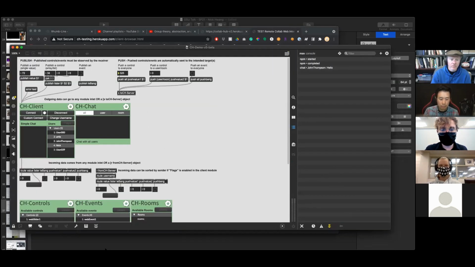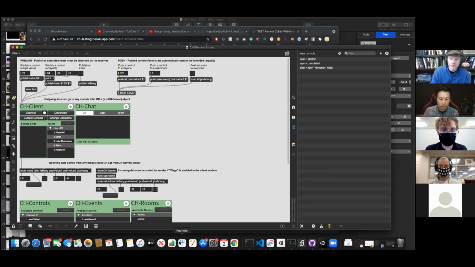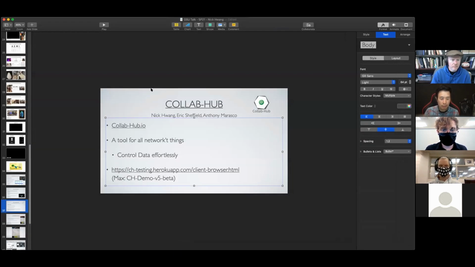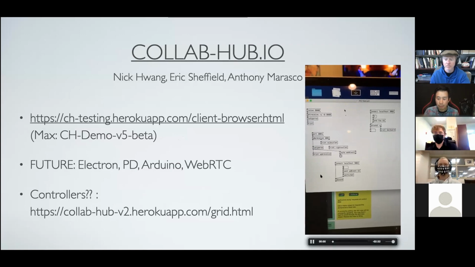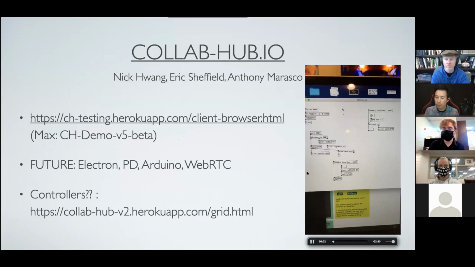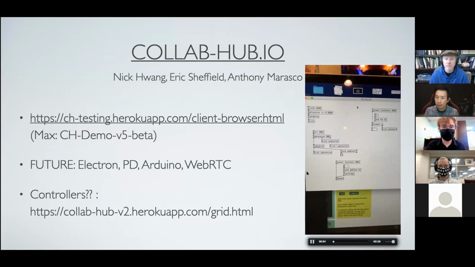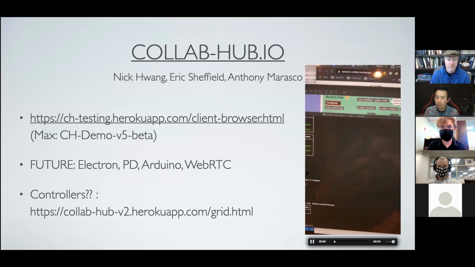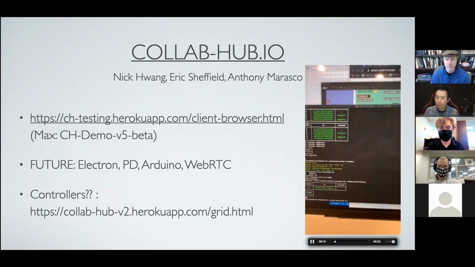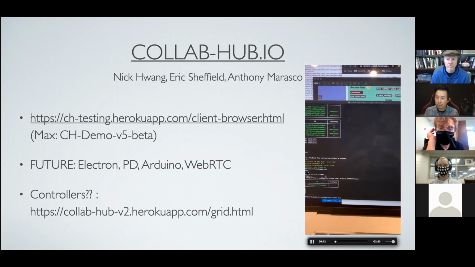Next thing, let's see. Oh yeah, here's a quick video demo showing off to my collaborators, connecting an instance of PD to a new Colab client that can interface with PD.